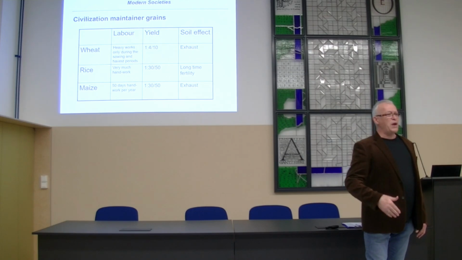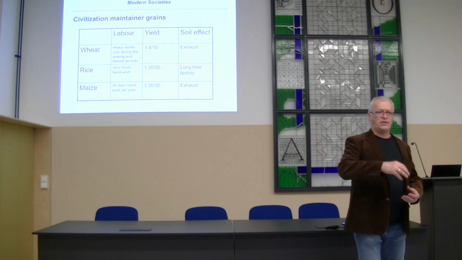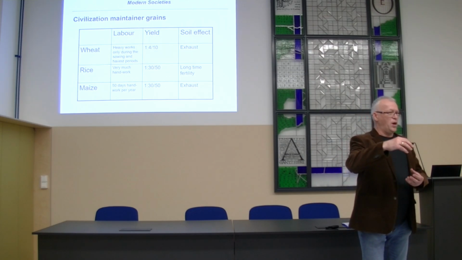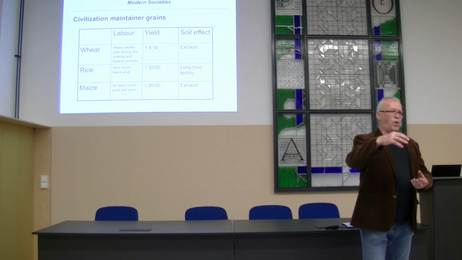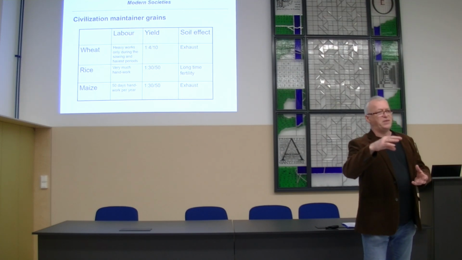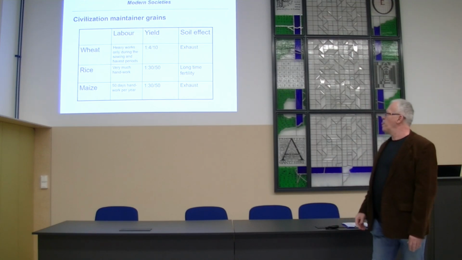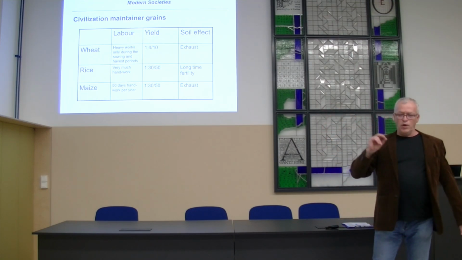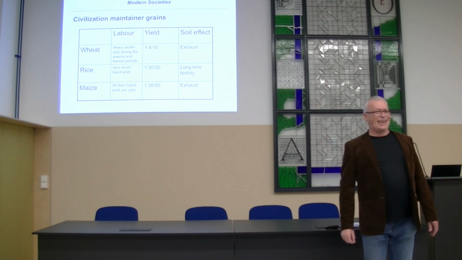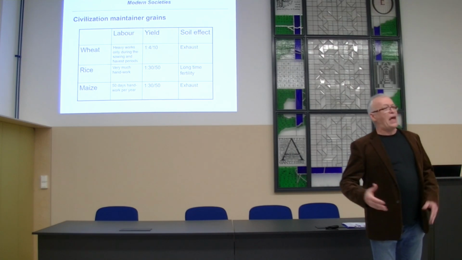Generation by generation, the size increased. And the normal ear of maize contains 50, 60 seeds. It was a great innovation. Okay, and the fitness of the maize culture exhausts the soil like wheat.